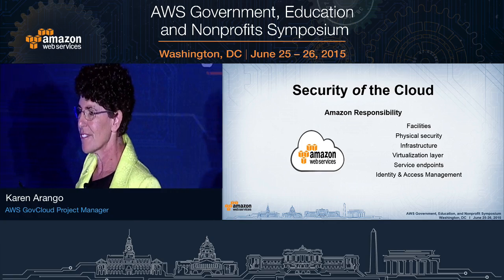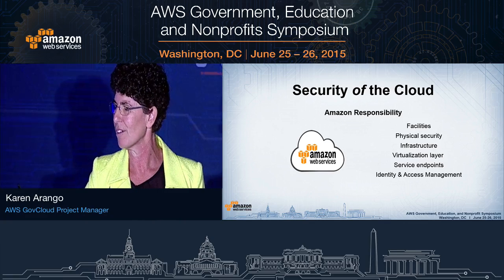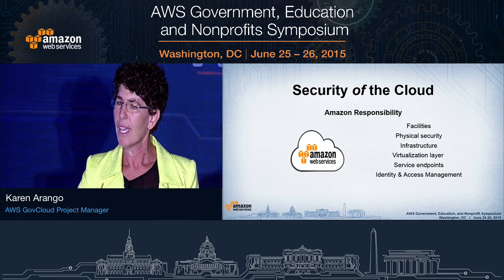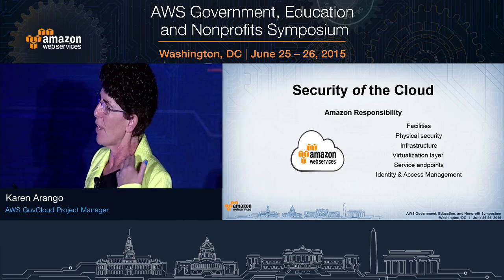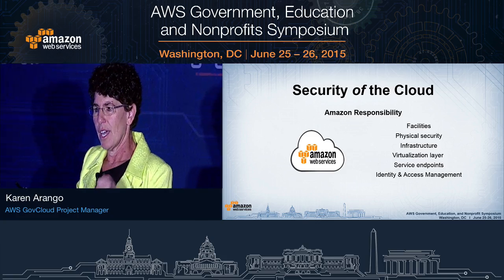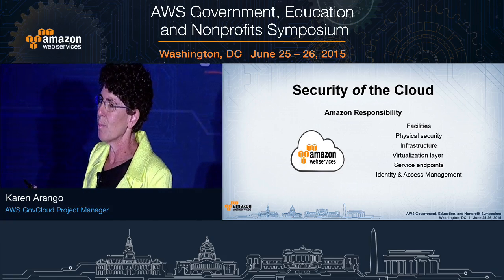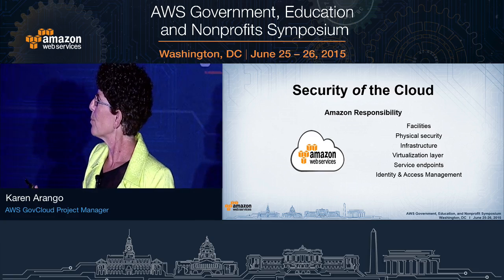Security of the cloud, so that's what AWS is responsible for, and the key word there is "of", right? So AWS is responsible for making sure that we have security on our facilities, gates and guards, badges, multiple ways to make sure that you have access to the room, that you're a US person, all the vetting.